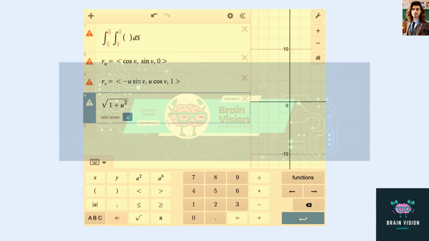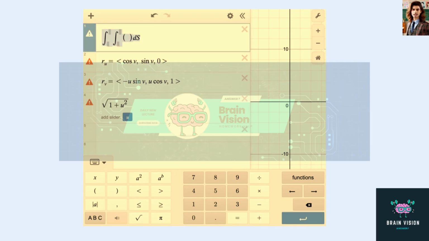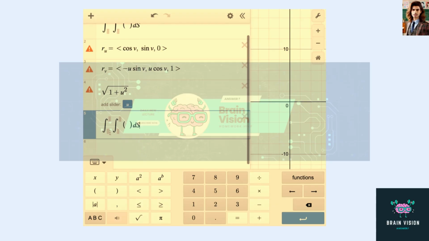Then we want to use this information to plug into our double integral. So our double integral will look like this. The only difference is that since we know that u is between 0 and 1 and v is between 0 and pi, we can do this and 0 to 1. Then we know that this on the inside needs to be our f of x, y, z.